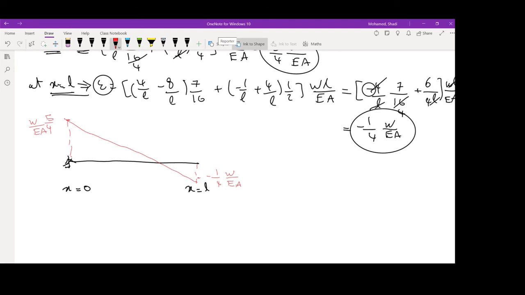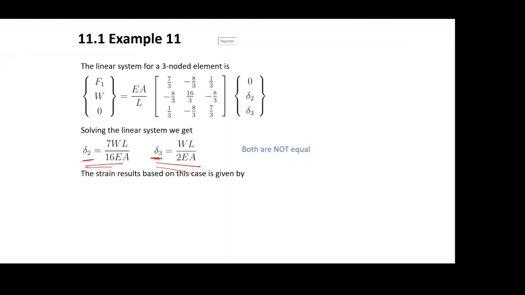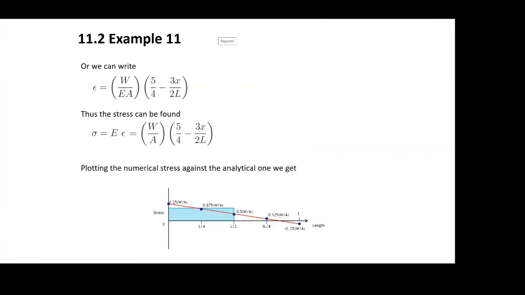Now, if you look into the presentation, I've done this in a much neater way, so we can see this here. So this is 5 over 4. 1.25 is just the same, and this is minus 1 over 4. This is 0.25. I mean, this is the stress, but if you divide it by E, you will get the strain. So I had the strain in there, but the stress is just the same thing.